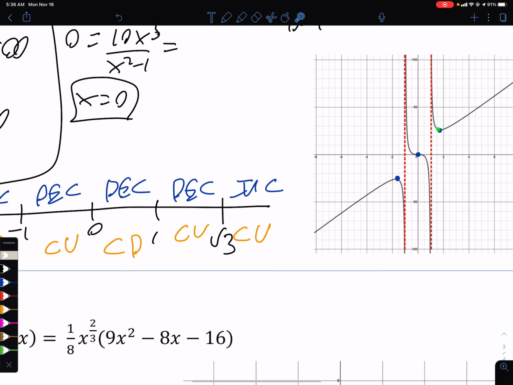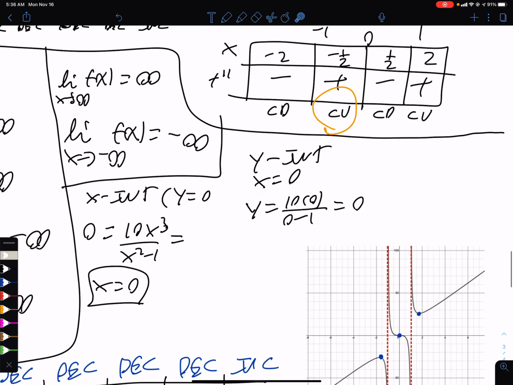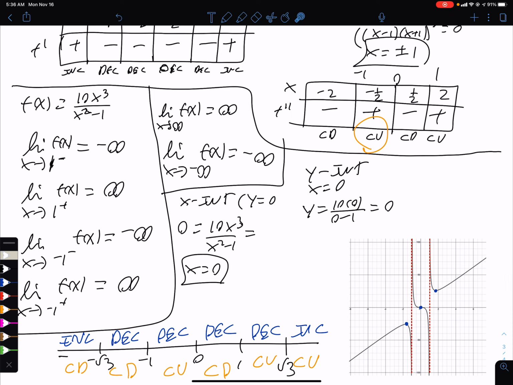And we have our relative min, relative max, our inflection point. Oh, I didn't even talk about inflection point. There's an inflection point when the second derivative changes signs. So we have inflection points at negative 1, 0, and 1.